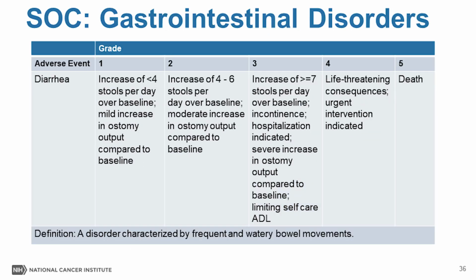Here is another example, and I chose this example of diarrhea as an adverse event term to indicate how important baseline assessment really is. So you can see the SOC here of gastrointestinal disorders. And you can see that the grading, or the definitions within each grade, talk about an increase over baseline.